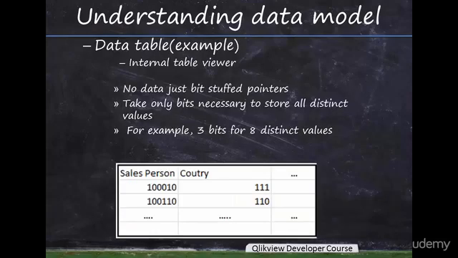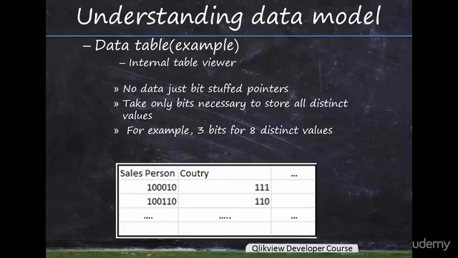Now, how does that relate to the data table? When you look at the internal table viewer, those tables represent data tables. And as such, there is no data in a data table, even though you do see data. All it contains is a bit stuffed pointer. Since it only contains pointers, it takes less space to store values.